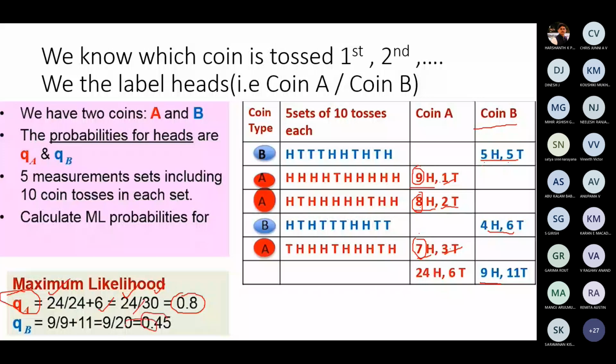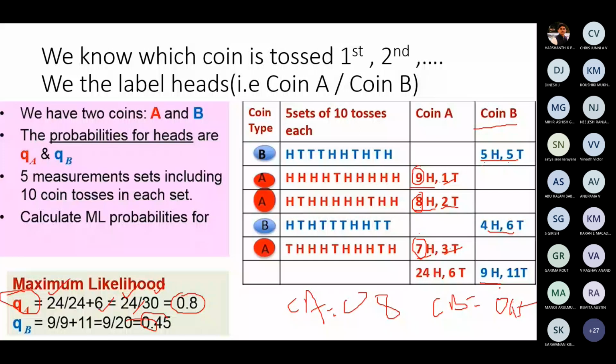So now it becomes very easy. The probability of coin A getting head is 0.8, and the probability of coin B getting head is 0.45. Okay, 80% and 45%.